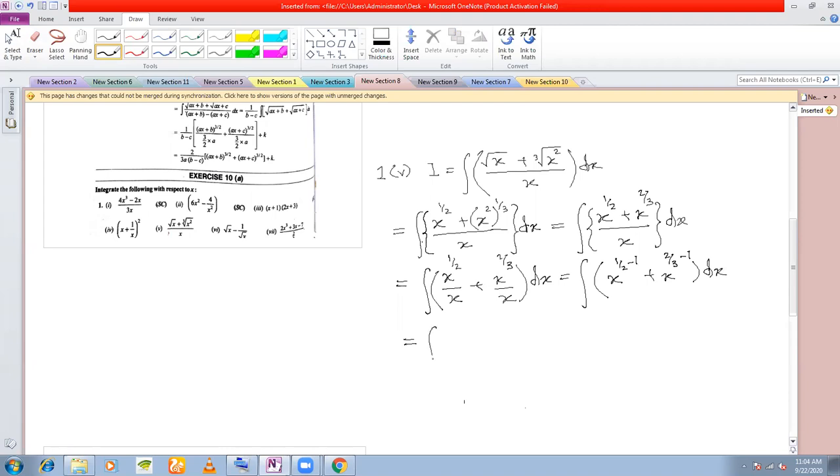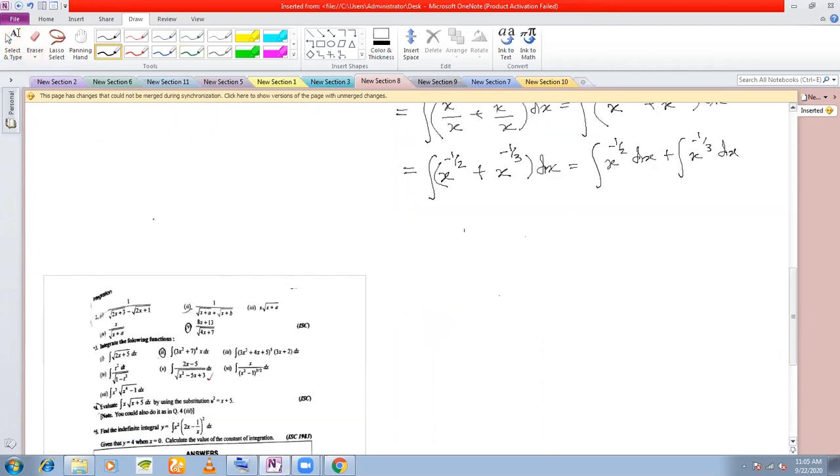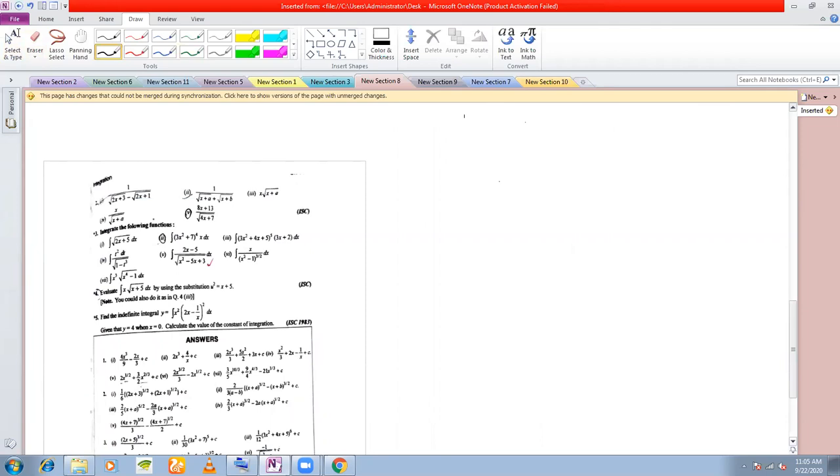So this becomes integration of x to the power of minus half plus x to the power of 2/3 minus 1, which is minus 1/3, dx. Now you can separate x to the power of minus half dx plus x to the power of minus 1/3 dx. Now you can use x to the power of n plus 1 by n plus 1. You do this one.